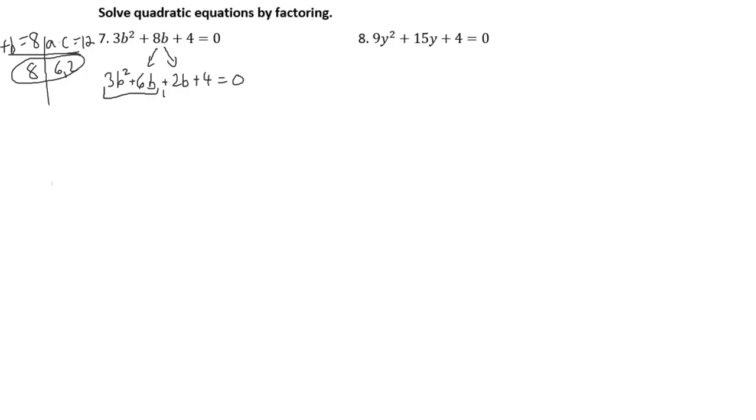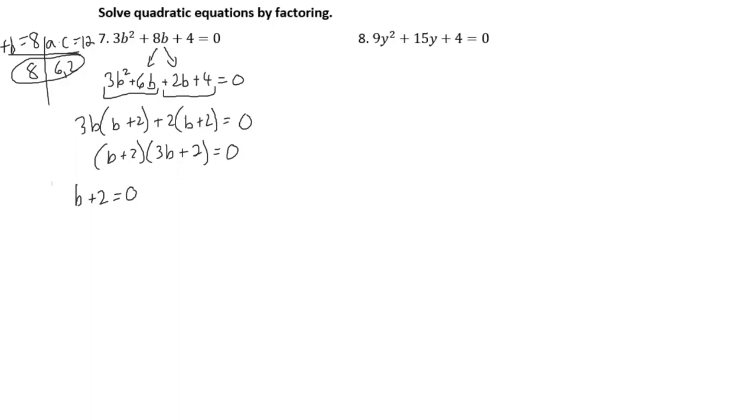Now I'm going to do factoring by grouping and get 3b, leaving a b plus 2 in the middle. Factor out a 2, which will leave me a b plus 2 in the middle. Bring that b plus 2 to the front, and the 3b plus 2 in the second one. And then I set each factor equal to 0. 3b plus 2 equal to 0.